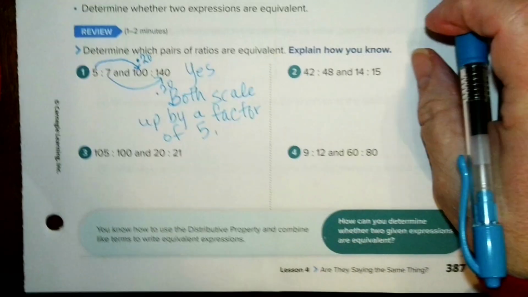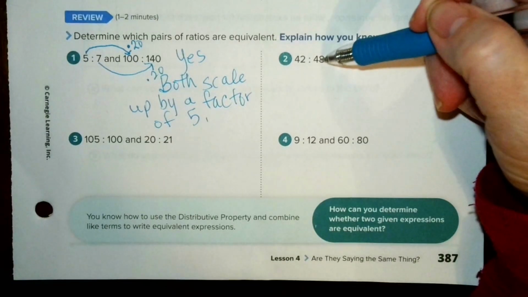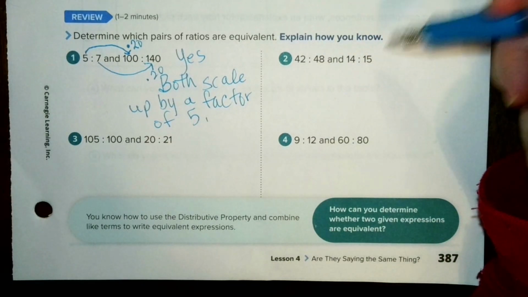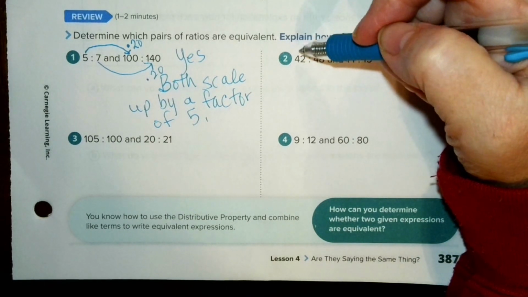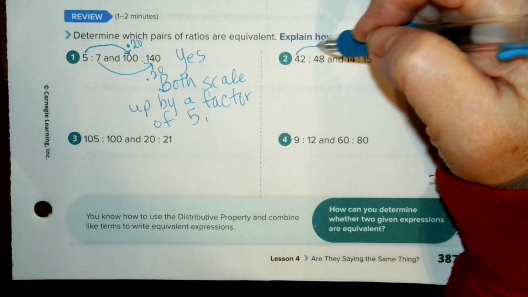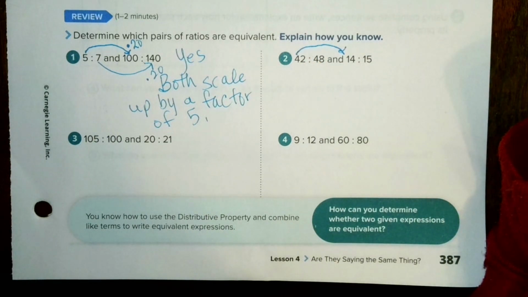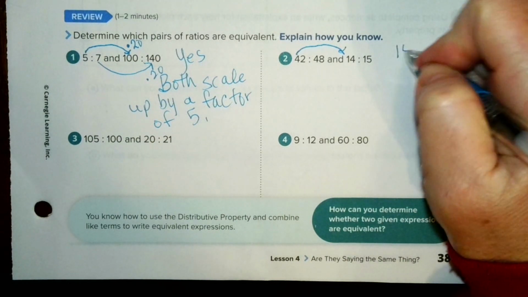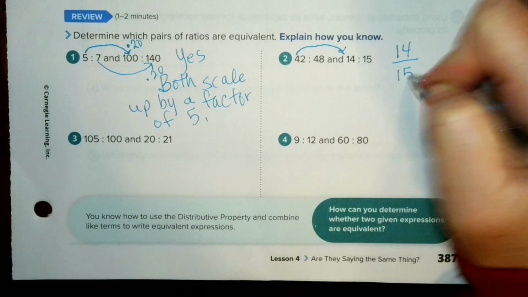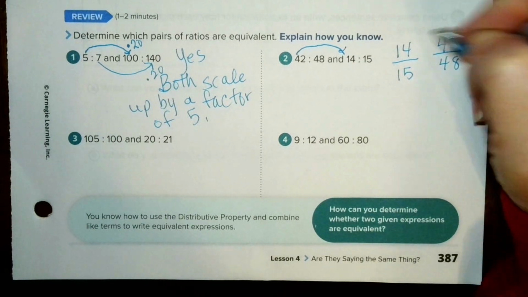Okay, number 2. For every 42, there are 48, or 42 to 48, and 14 to 15. So how do we go from 42 to 14, or maybe even the other way, 14 to 42? I'm going to set it up this way, 14 to 15, 42 to 48.